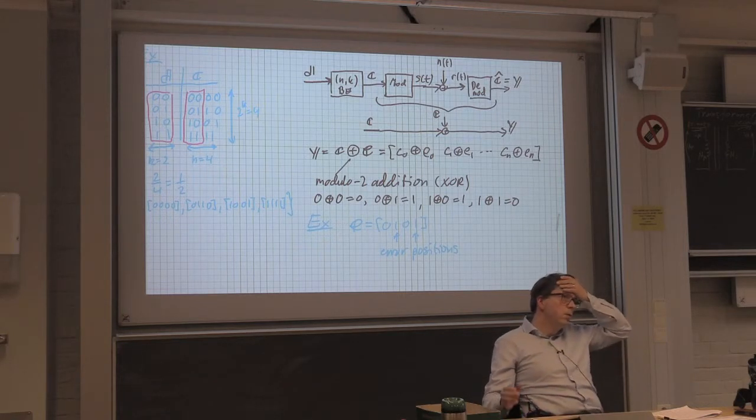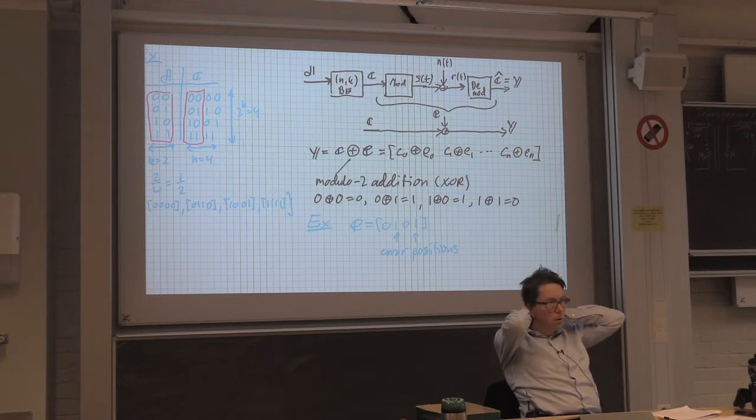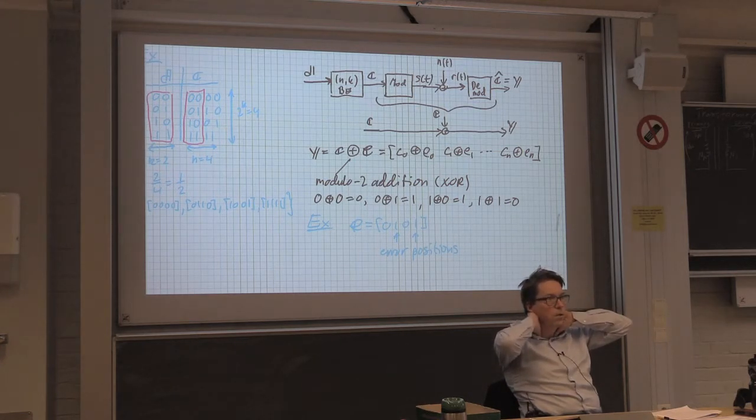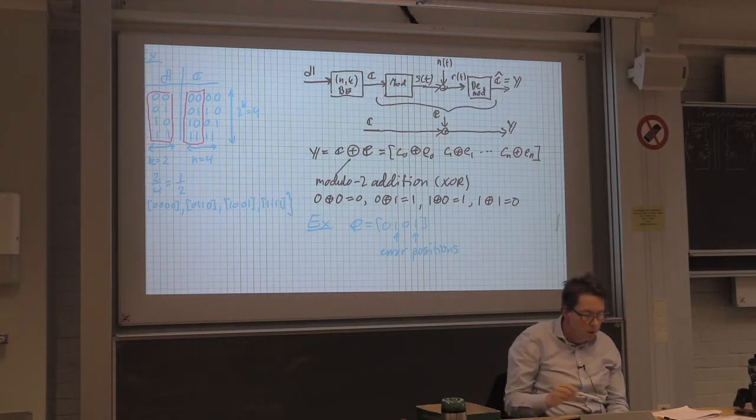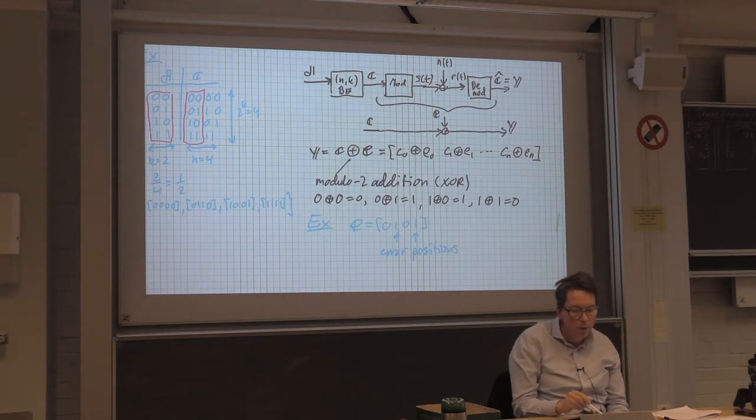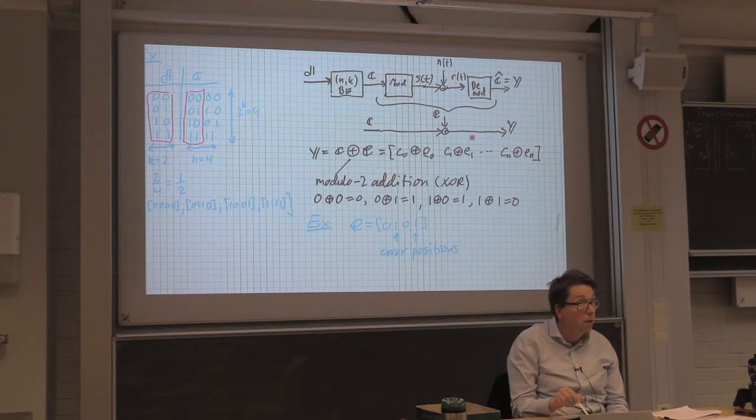Questions on this? It's rather important that we understand that we can write this block diagram as this block diagram, where the input C and the output Y are the same in both of these block diagrams.